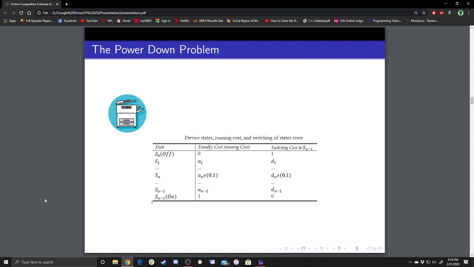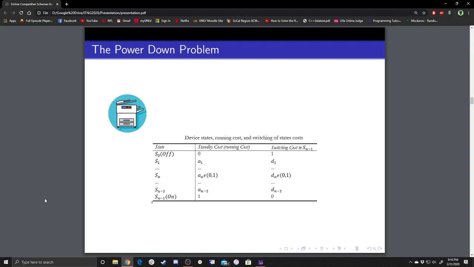As we go from the on state to off, every lower power state has a smaller amount of energy used to be in standby, and every lower power state has more cost to power up. So the on state has the most energy being used to be in that state, but it has no power up cost.